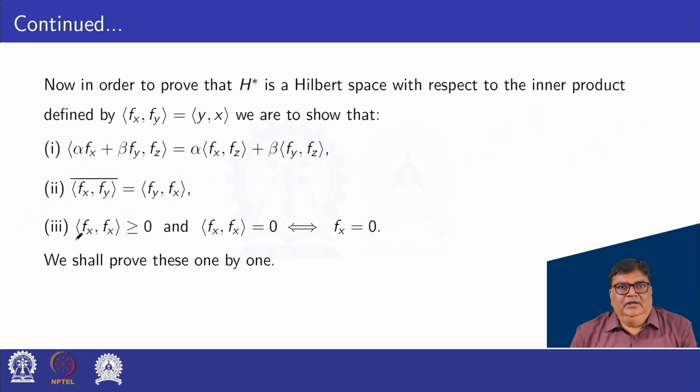And third, the inner product of f_x and f_x is greater than or equal to 0, and is equal to 0 if and only if f_x is equal to 0. We shall prove these one by one.